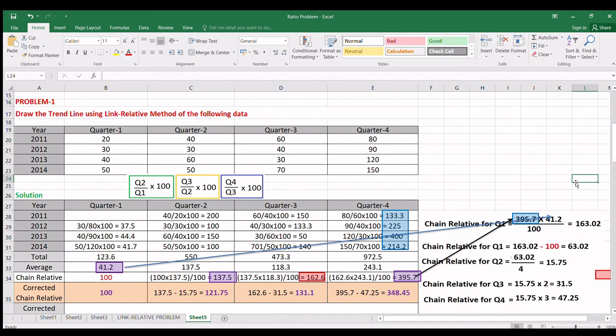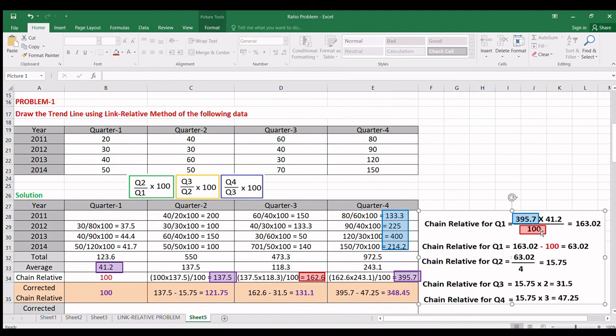What about this 395? 395 is the last quarter, that is quarter 4, of chain relative. Both have to be multiplied, divided by 100. So I will be getting the total here, 163.02. This is my value of chain relative for quarter one.